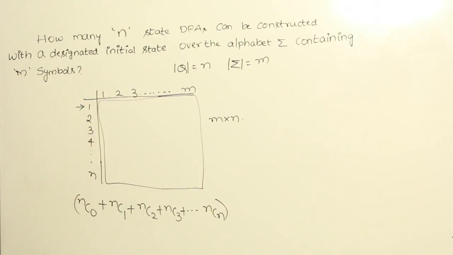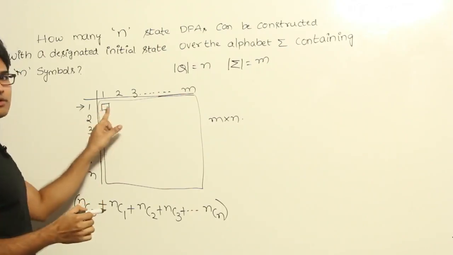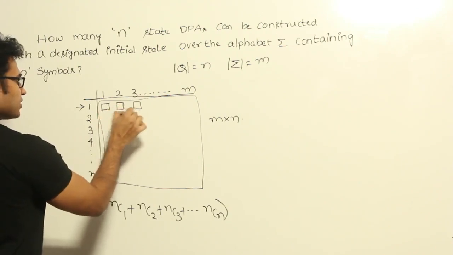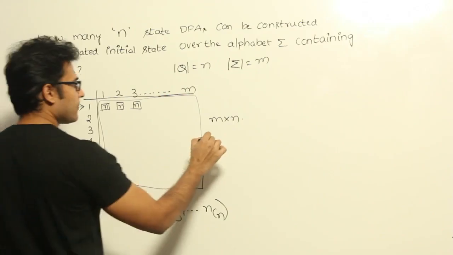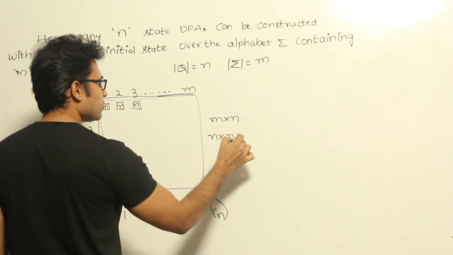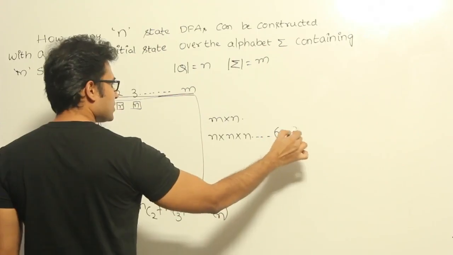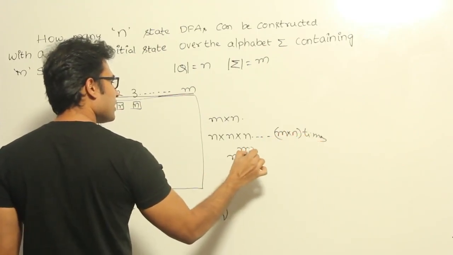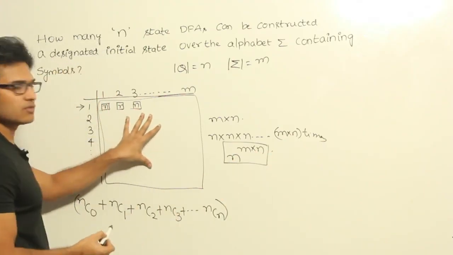One of n states can be present here, and here also one of n states can be present. Therefore each entry is going to have n options, right? So I am going to have n into n, and so on, m into n times, isn't it? Therefore it is n power m into n. So given a structure, these many ways I can fill it.